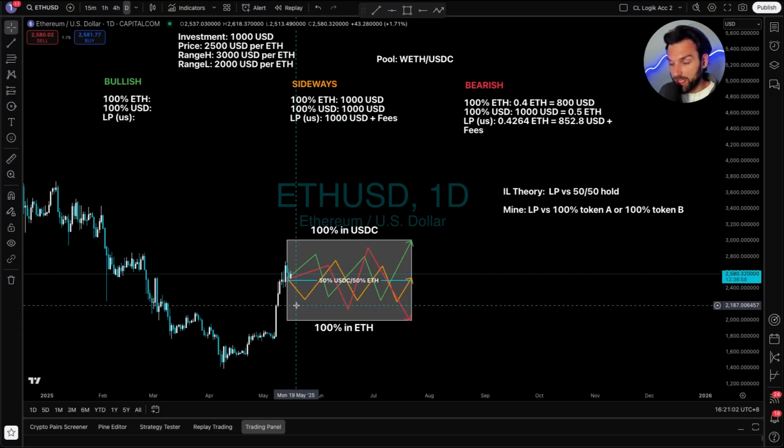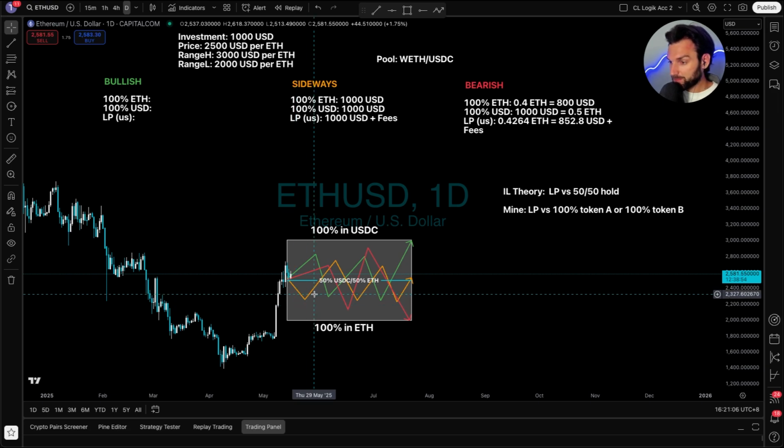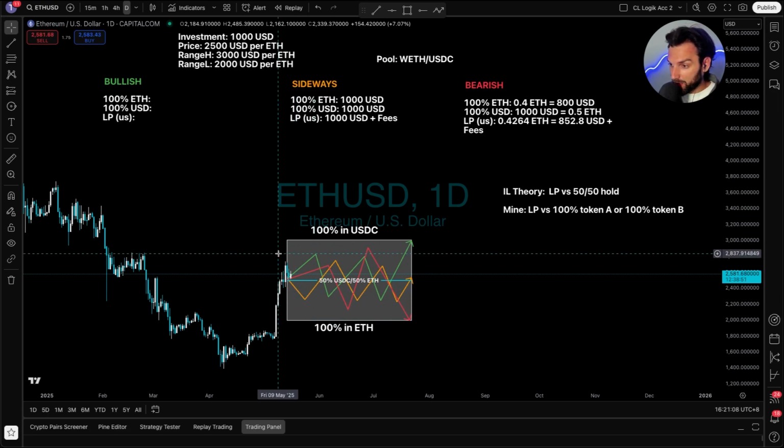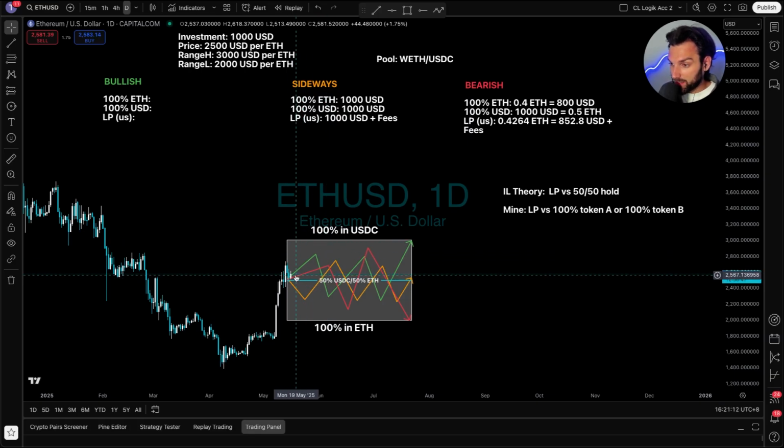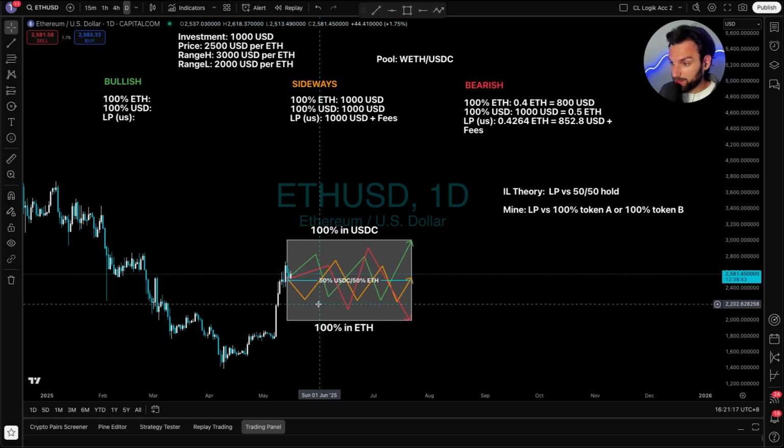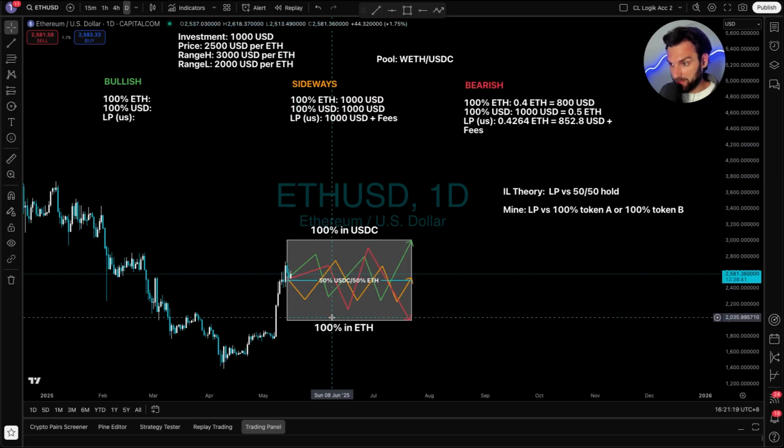So basically, as Reed already said during his plays and profits as well, the algorithm automatically takes profit when price goes up, and it will automatically buy the asset, so it will DCA, it will accumulate the asset when price goes down, right?